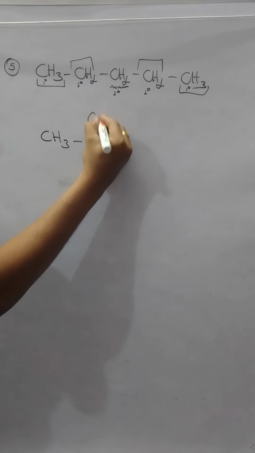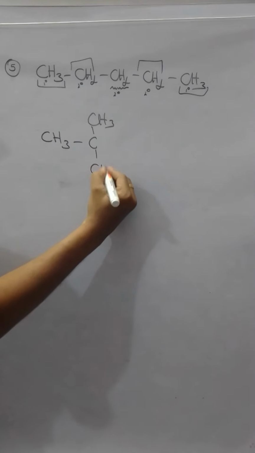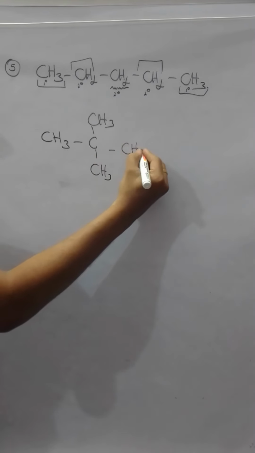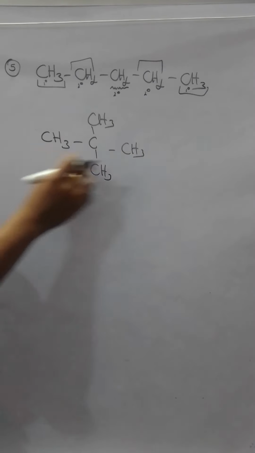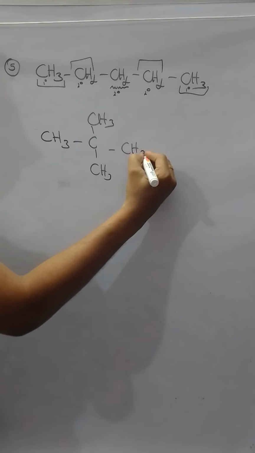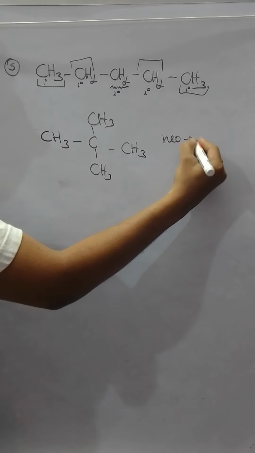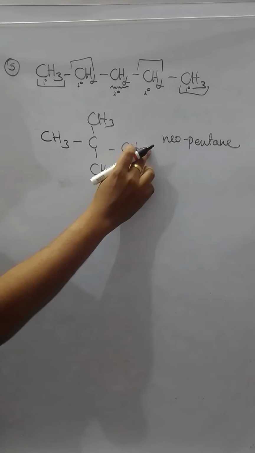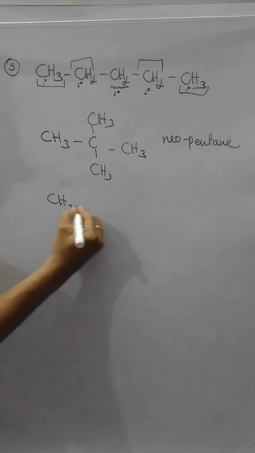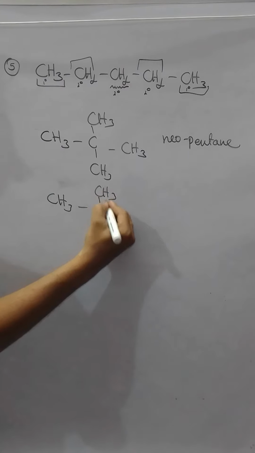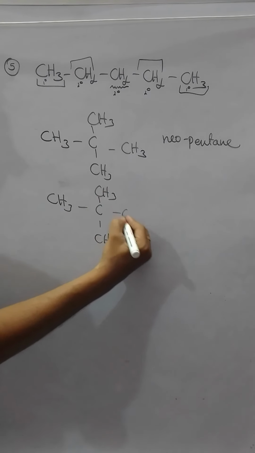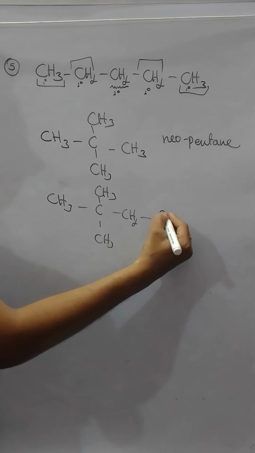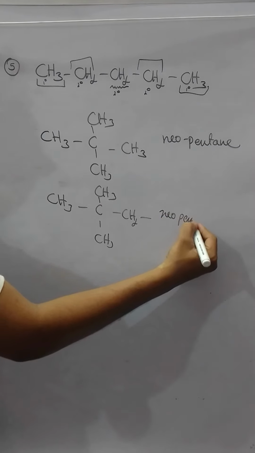CH3, C, CH3, a CH3 and a CH3. Now all these groups are same. This is called as neopentane. If I remove one hydrogen from here, a CH3, CH3, CH3, CH2, now this we call it as neopentyl.